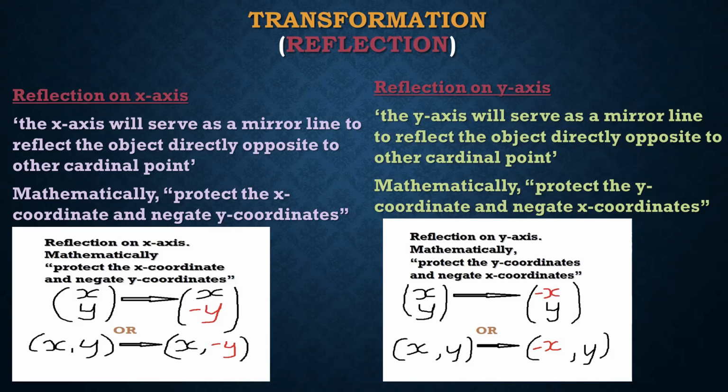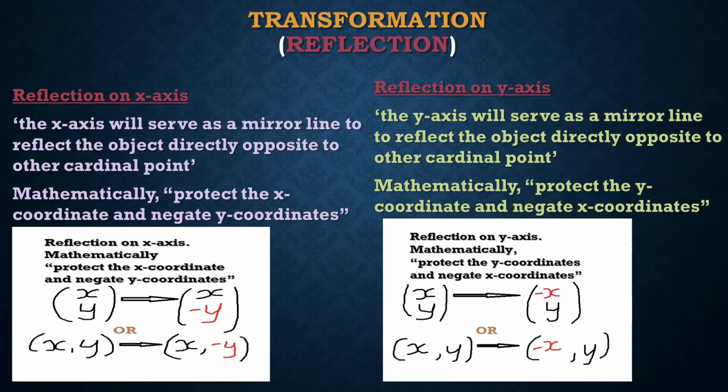So you write the x coordinate as it is, and then you put a negative sign in front of the y coordinate, irrespective of the status of the y coordinate. Whether the y coordinate already has a negative, you will still put another negative in front of that. So make note: protect the x coordinate, negate the y coordinate.